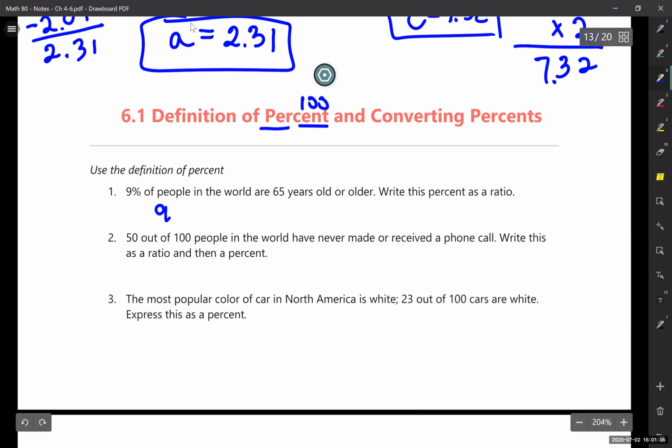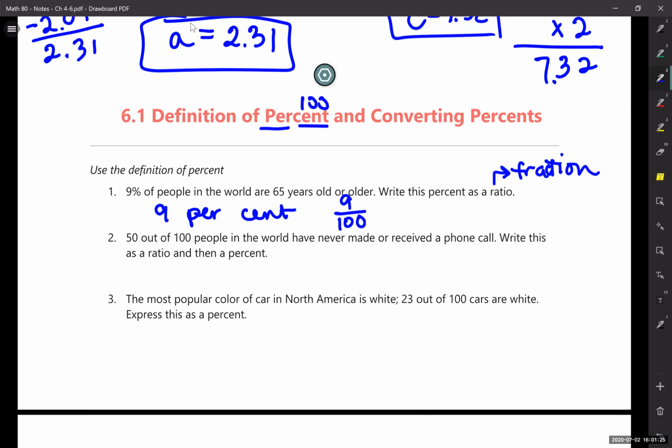So think of it as 9 per 100 would be the ratio or fraction. Ratio just means fraction. All right, I know percent has no space in it, but I was being dramatic with that space to remind you that it's per 100.